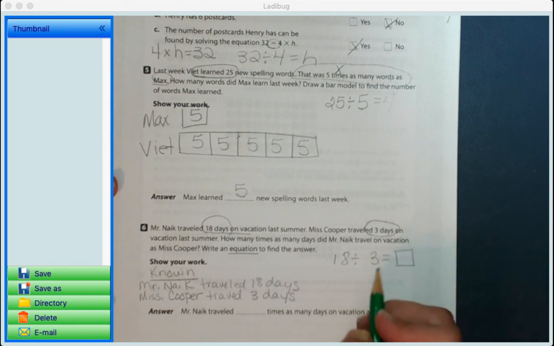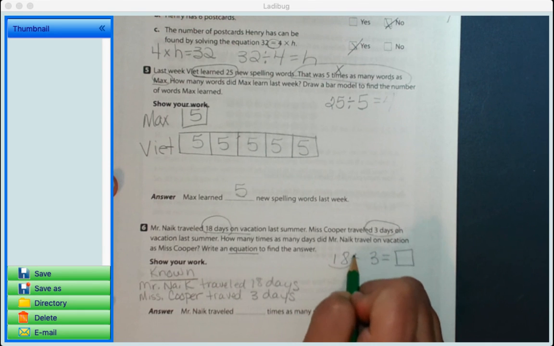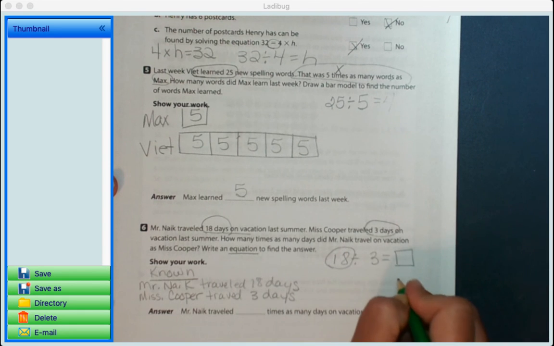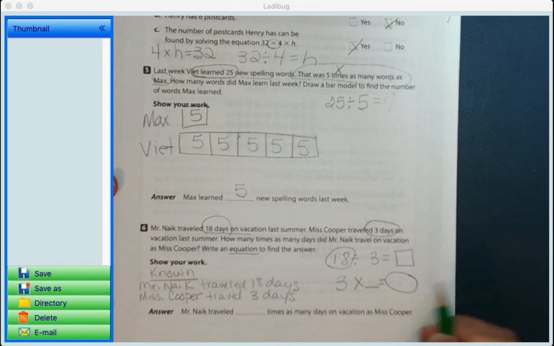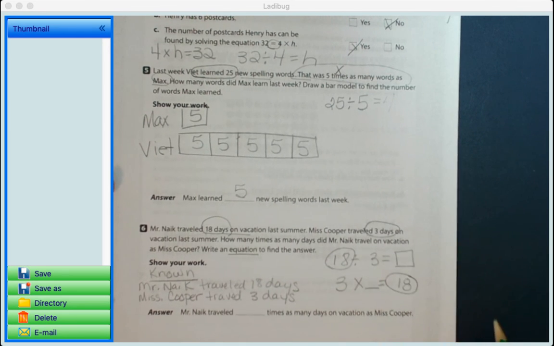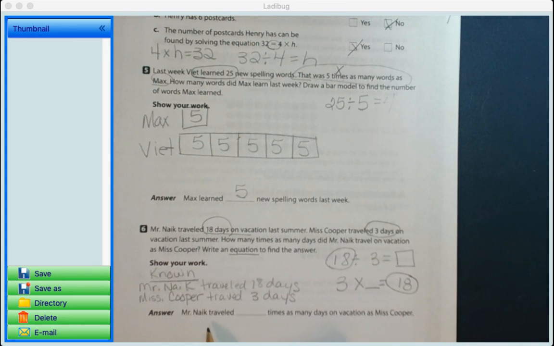Or I could do this because this would be my dividend. I know my dividend and my product are going to be the same number. So I could do 3 times blank equals 18. I know that is 6, so Mr. Nyack traveled 6 times as many days on vacation as Miss Cooper.